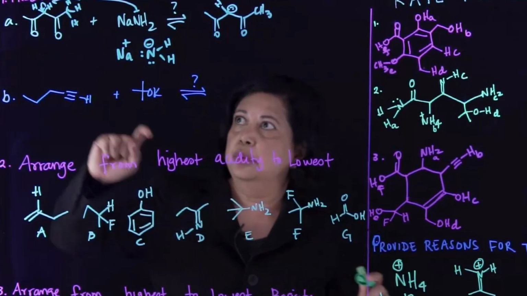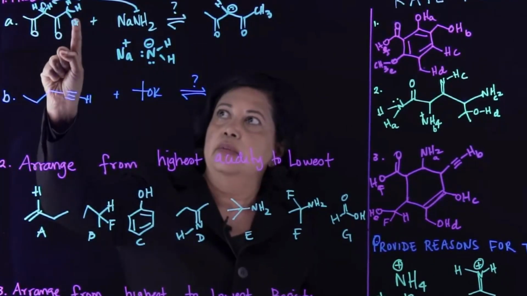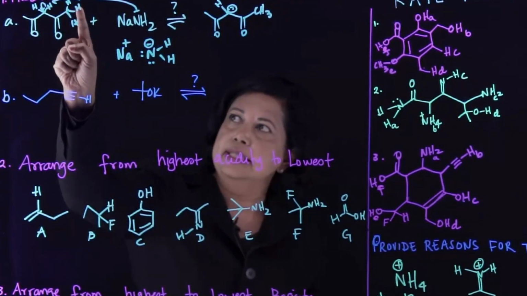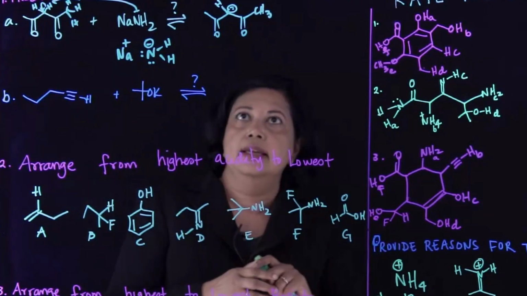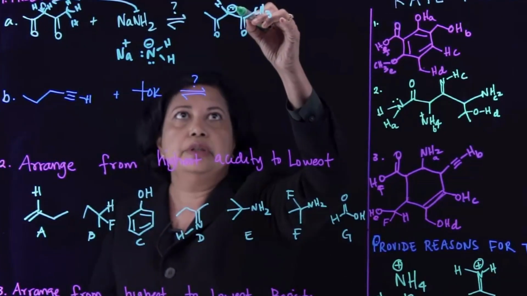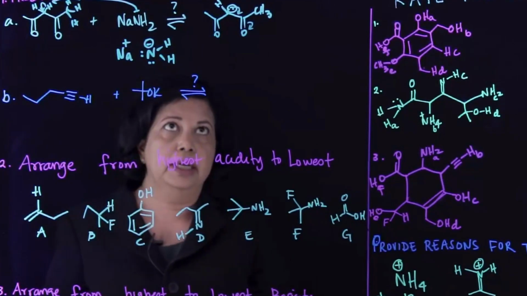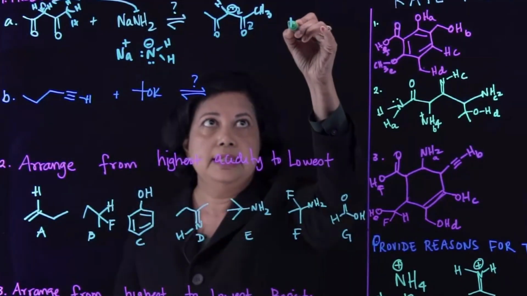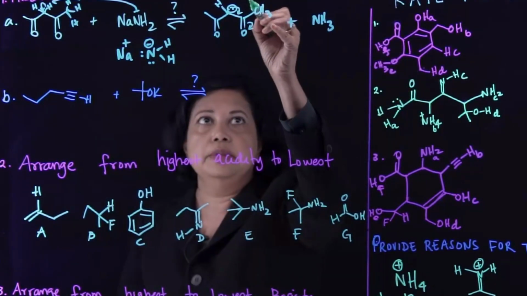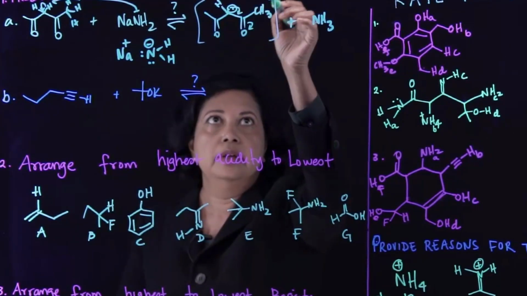This is going to have 2 oxygen atoms here for it to do resonance, whereas this hydrogen will only have 1 possibility. This isn't as acidic as this. So that's why if you have a base, it's going to go first for that. I'm not going to draw all the resonance structures, but that's why the CH is quite acidic, plus NH3. So that's the reaction. And so the sodium's probably going to be here with this anion, which is all over here.